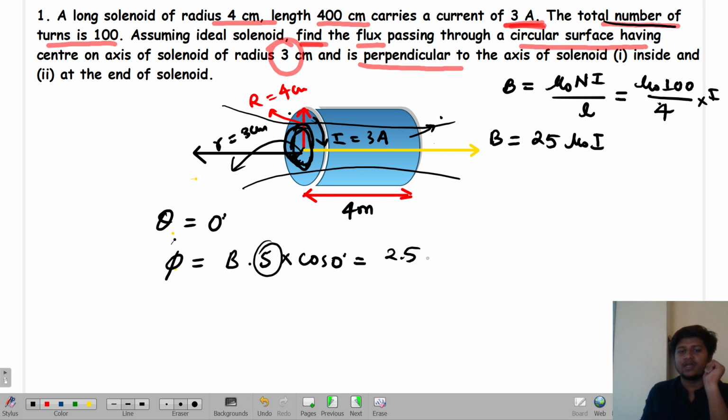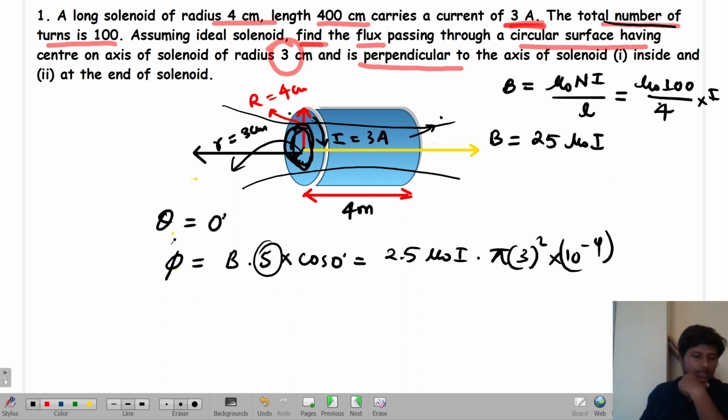So B, which is 25 mu naught I, into pi, r is how much? 3. So 3 square into cos 0 degree. Got it or not? It is 3 centimeters, so 10 to the power of minus 4 will come over here. Got it or not? Can you do it?